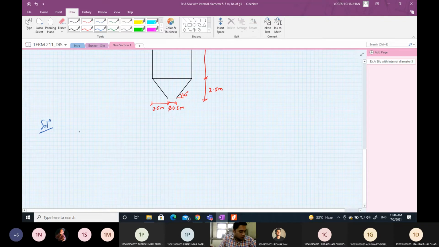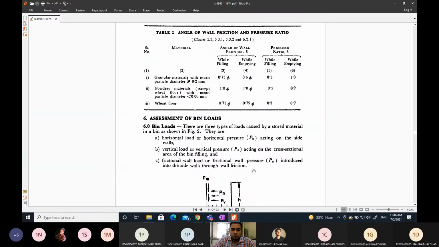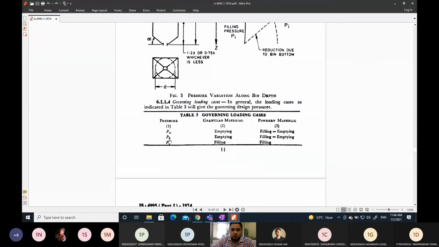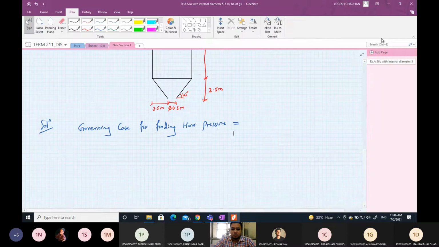Now here the governing case for finding the horizontal pressure for granular material is the emptying case.